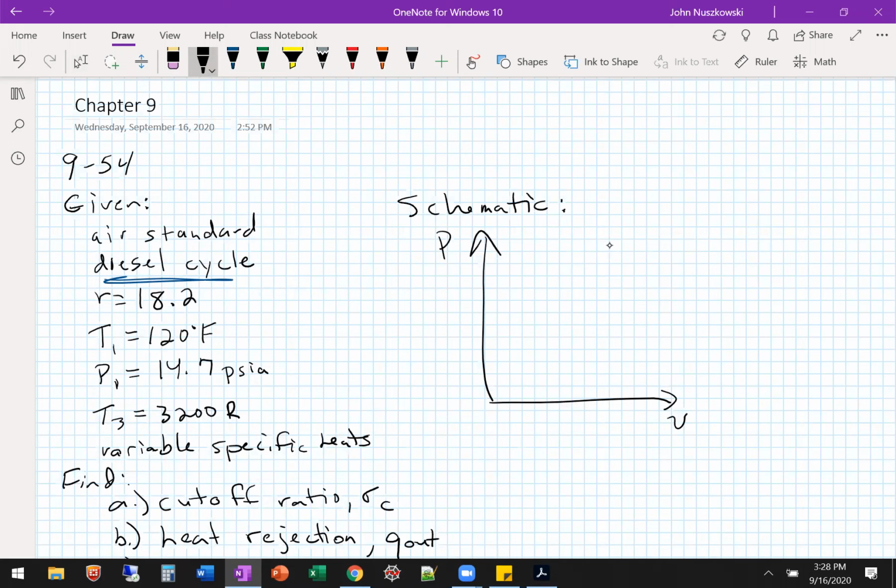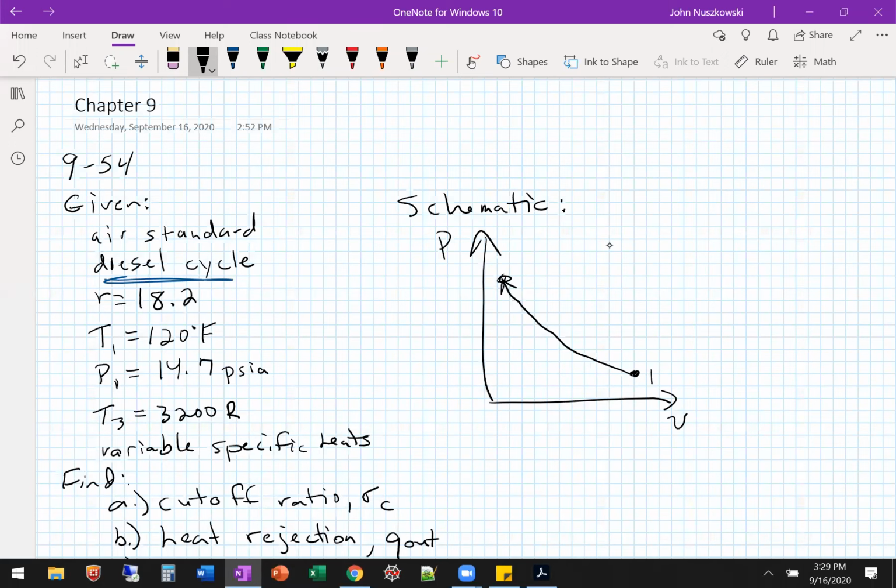So we'll have our PV diagram. Start out at pressure 1. And we isentropically compress it with terrible curved lines. All right, I think that's the best I can do.